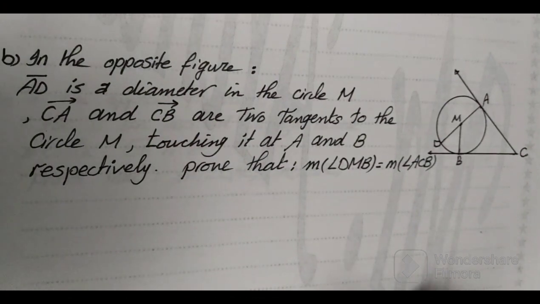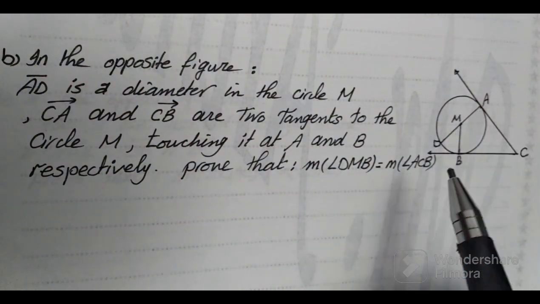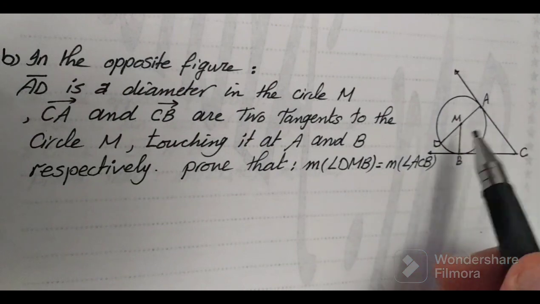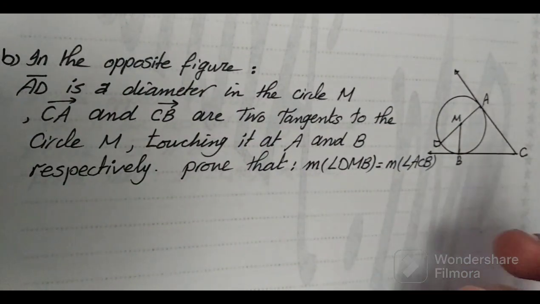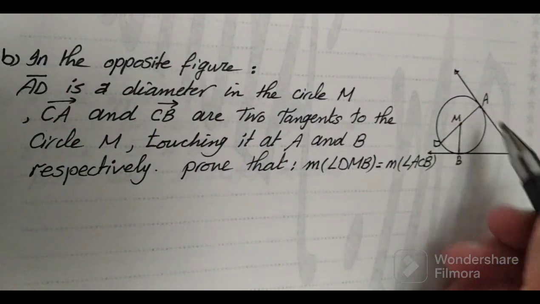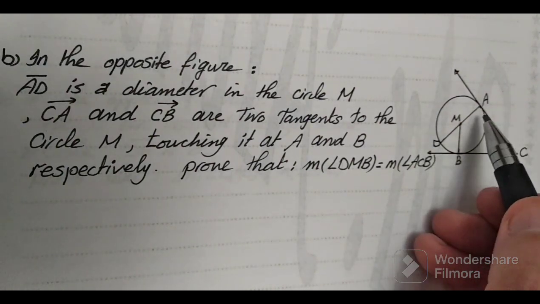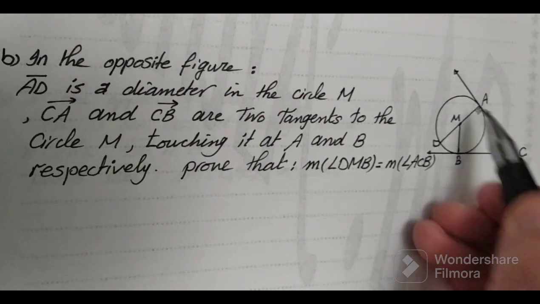Here, AC ray is a tangent drawn from the endpoint of the diameter AD, therefore MA is perpendicular to AC, therefore the measure of angle CAM equals 90 degrees.